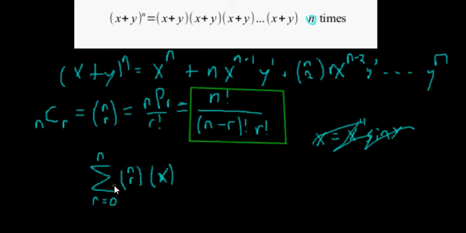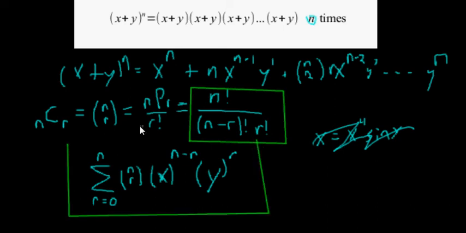Well, the first time you do it, you're getting n, and then the second time you keep on decreasing, so that depends on the r value. And then you get y, and the first time you do it 0 times, and then it increases with r. So it's that sum. This is the definition of the binomial theorem that we're going to use.